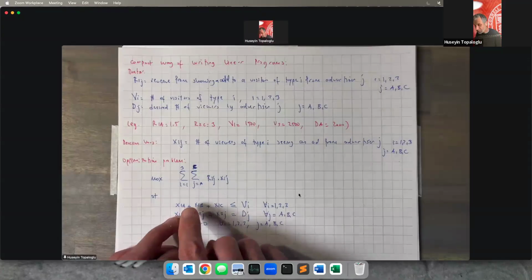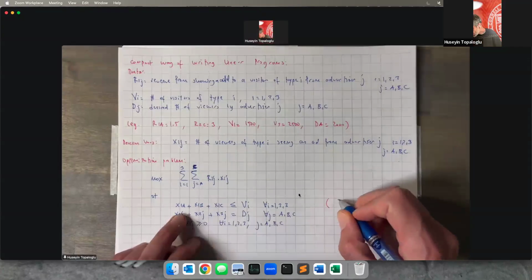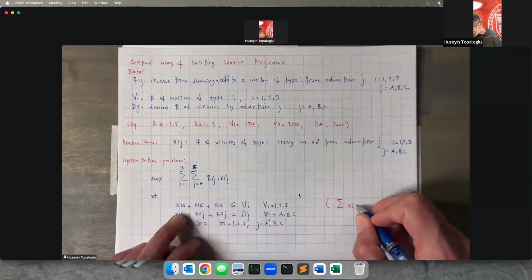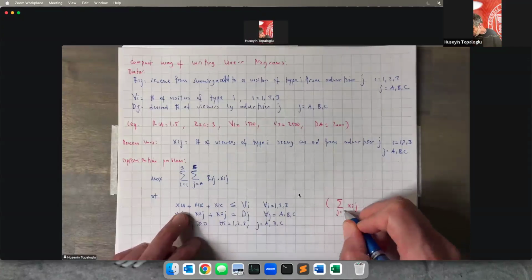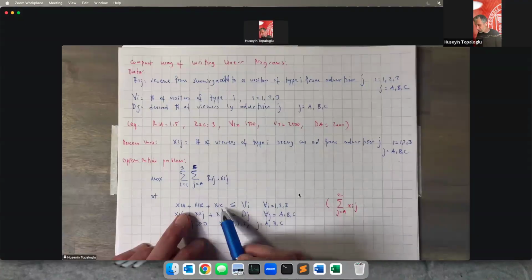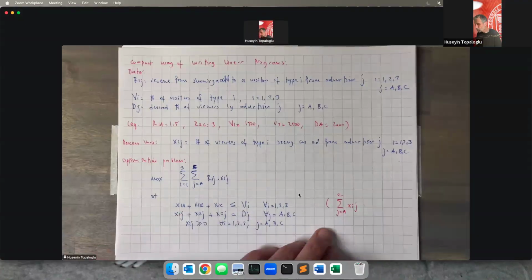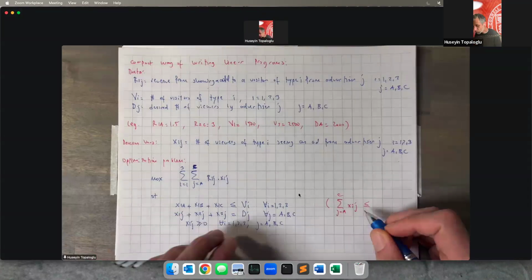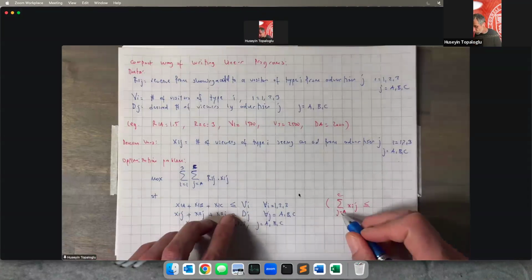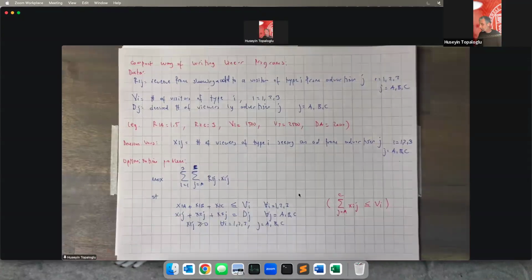So we can write the left-hand side as, for fixed I, adding XIJ over every J from A to C. So we can write the first constraint as the sum over J from A to C of XIJ is less than or equal to VI. This is a more compact way of writing the first constraint.